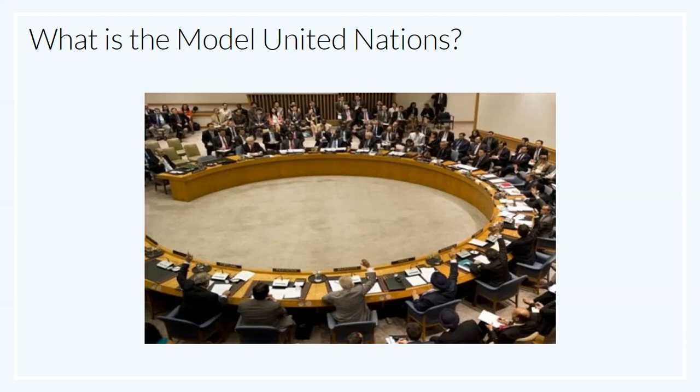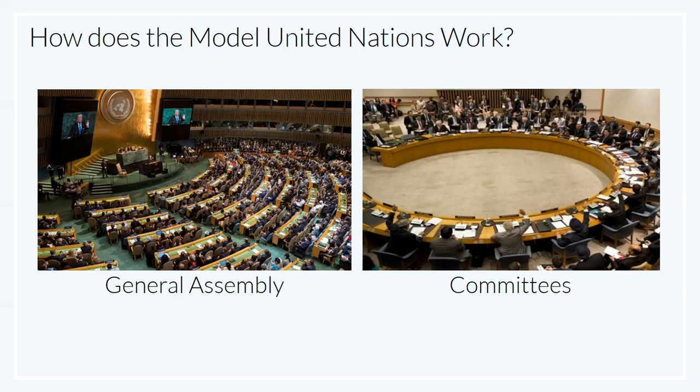And essentially, for a series of votes, debates, procedures, and backroom dealing, your job is to make sure that your country's interests, your country's will, and what your country cares about is reflected in the resolution. Because essentially the way the UN works is they propose resolutions. Now, this can be in something called the General Assembly on the left or in committees on the right.